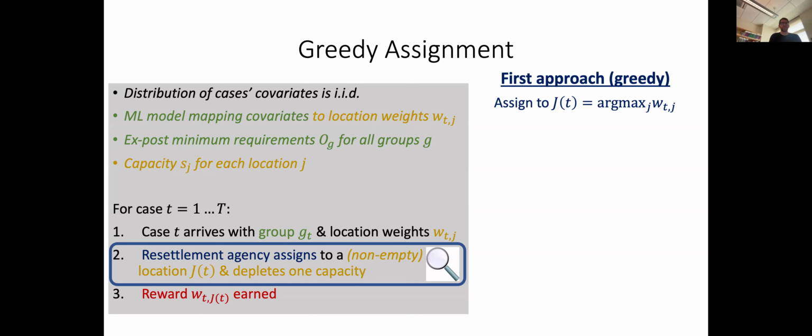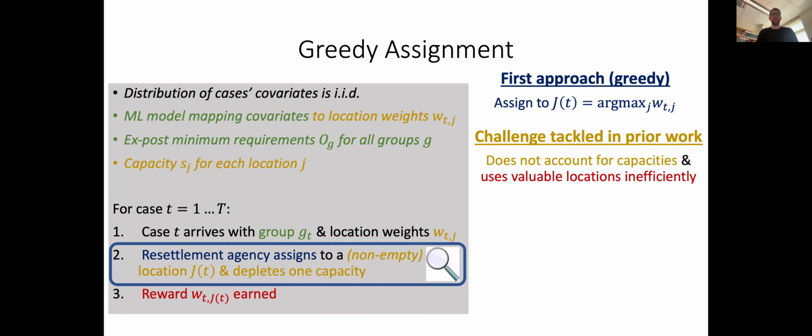The downside of that, of course, is that if there's a particular location that is a very valuable location for all cases, that will run out of capacity very fast. So this does not account for the capacities, and thereby uses valuable locations very inefficiently early on.